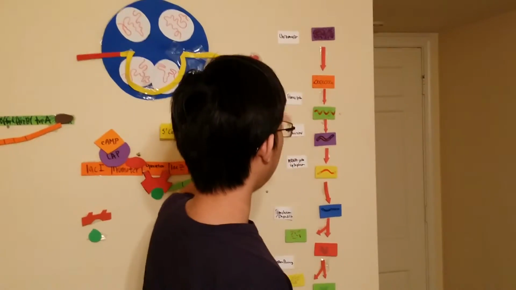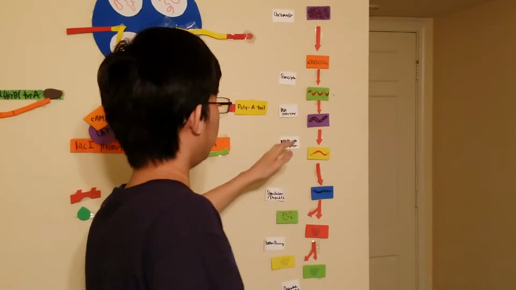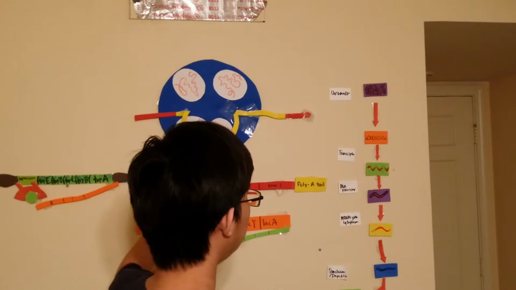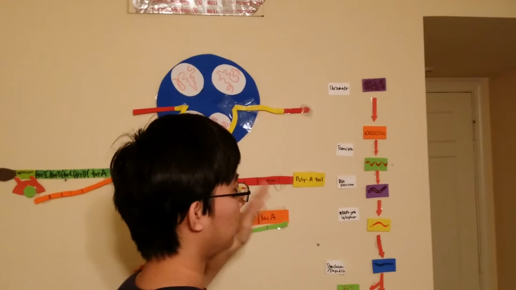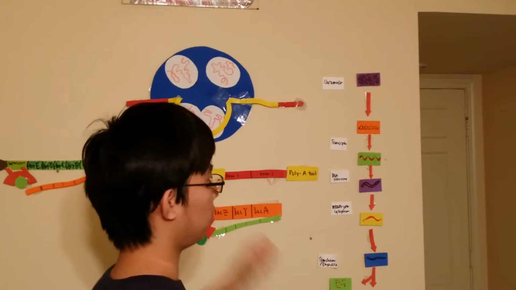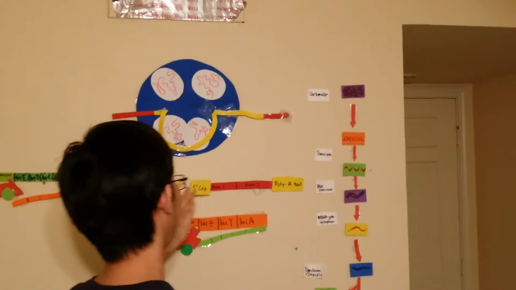The next step is RNA processing. RNA processing is carried out when snRNP molecules, which stand for small nuclear ribonucleoproteins, associate with other proteins to create a spliceosome.